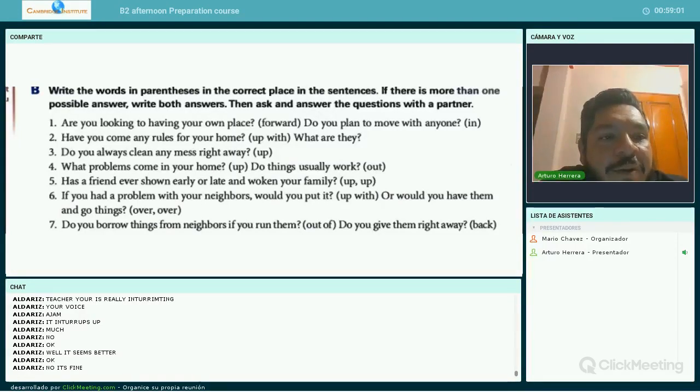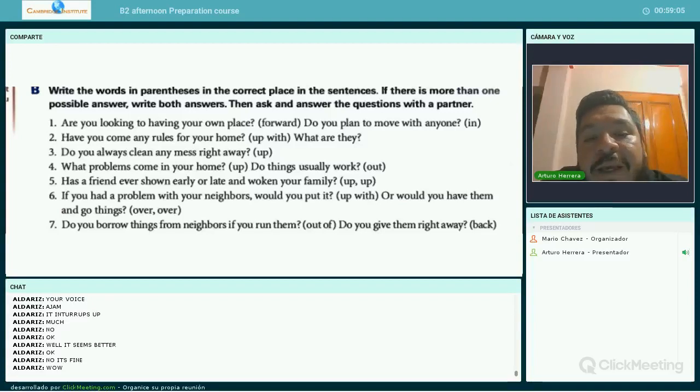Oh, here we have some exercises. Write the words in parentheses in the correct place in the sentences. If there is more than one possible answer, write both answers if it's possible. Then ask and answer the question with a partner. Are you looking having your own place? Write it properly.